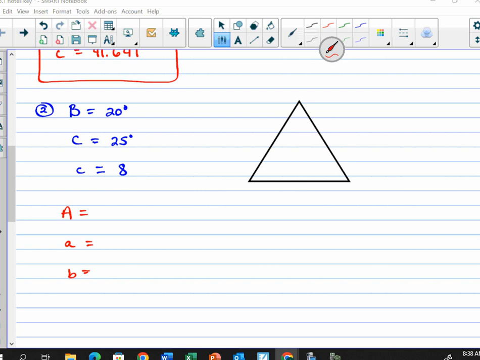Oh, you did weird double parentheses. That's how it works. So we're going to do 8 sine of 3. Oh no, that's right.